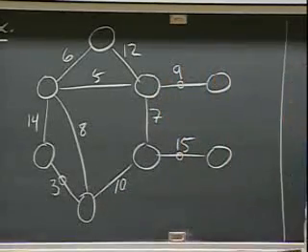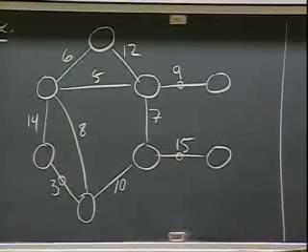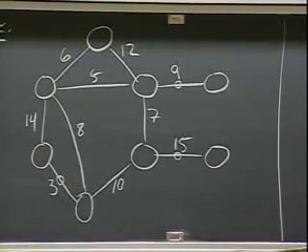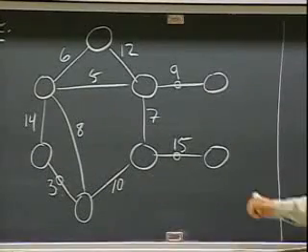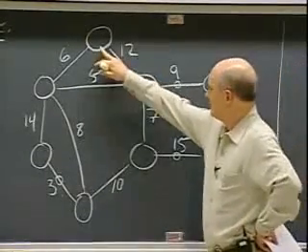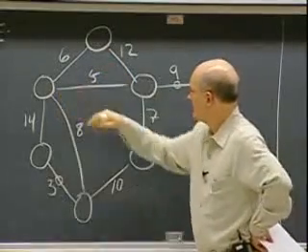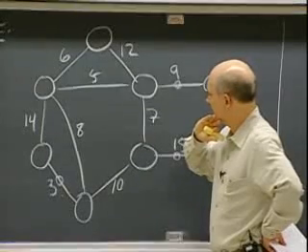What other edges have to be in there? Let's do a little puzzle logic. 6 and 5. 6 and 5 have to be in there. Why? The top node has to be connected to the node to the right, and it either has that edge 12 or it has 6 and 5.